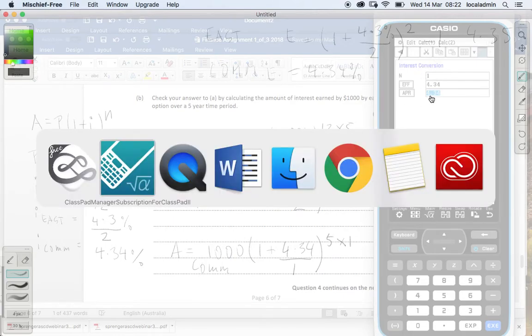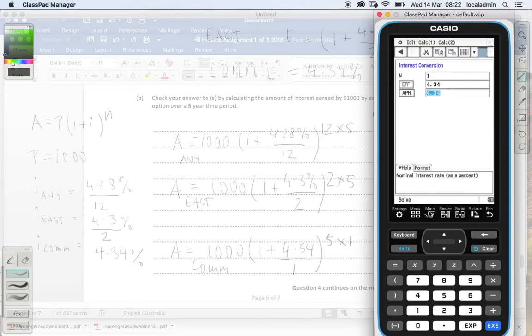Maybe let's not use our calculator in main. Let's just use compound interest. So this one is going on for 12 times 5. Interest rate is 4.28%. Present value is negative $1,000. It's out of our pocket, so it's not available to us.